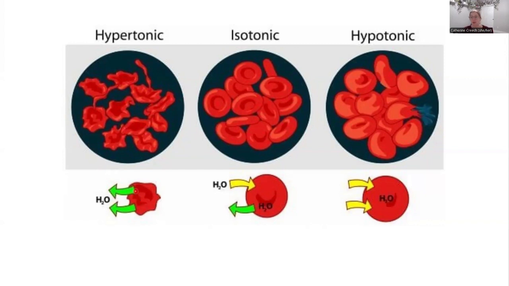So you do not want too much solute in your bloodstream because that will cause your cells to shrink. Our vocab word again, crenation, means shrinking of those cells. If you put a hypotonic solution in your blood, there's not enough solute. That means that there's more solute inside your red blood cell. You'll be like, oh, cool, they hydrate.